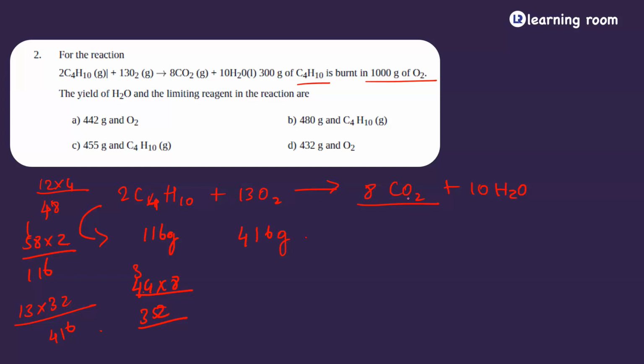Okay, so 8 moles of CO2 weight was 352 grams. How much will 10 moles of water weigh? 180 grams. 180. That's all. Now the question is very simple. Yield of H2O. How much H2O will we get? What is reacting here?